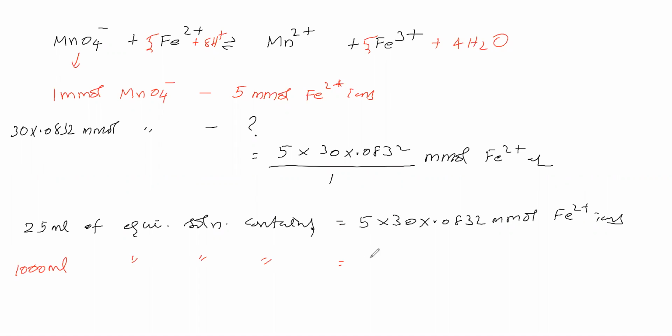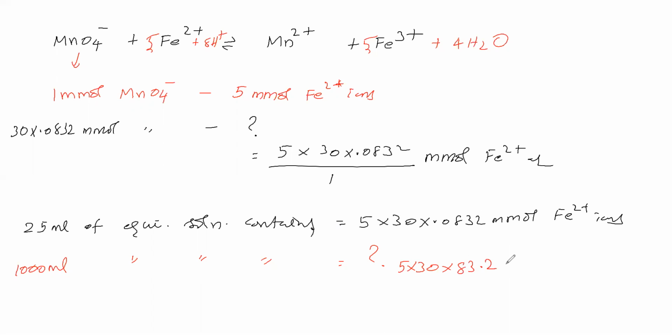So 1000 ml of solution contains how much Fe2 plus ions, that we have to see. But 25 ml of solution contains this many millimoles of Fe2 plus ions. So for 1000 ml, it is 5 into 30 into 1000 multiplied.